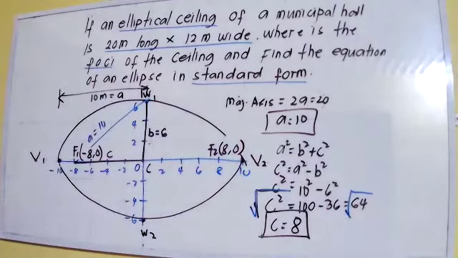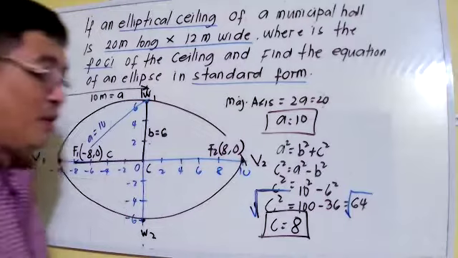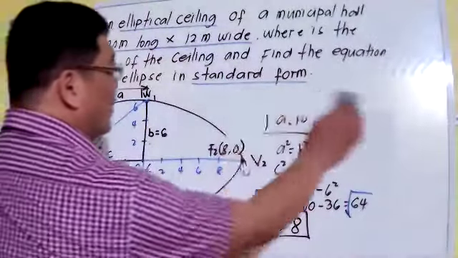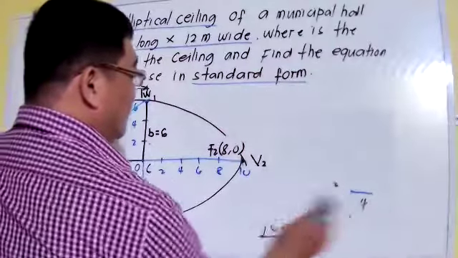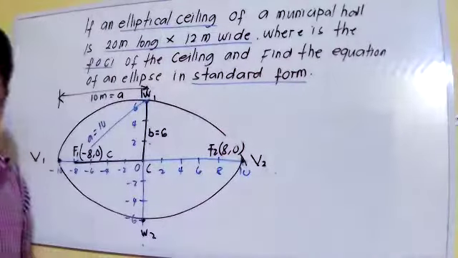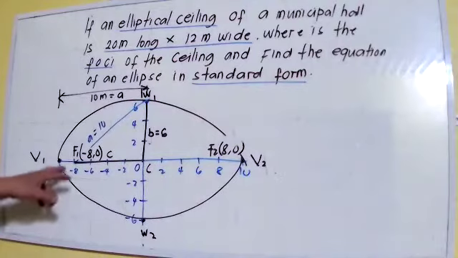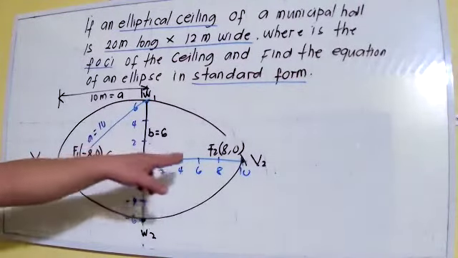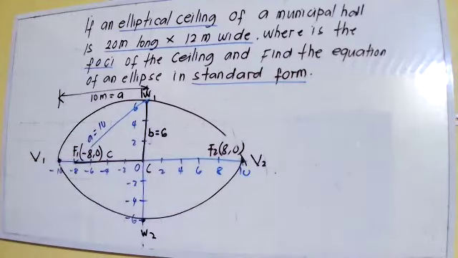So, nakuha na natin yung hinahanap natin na foci, f1, negative 8, 0, f2, 8, 0. Paano naman hanapin yung equation of an ellipse in standard form?